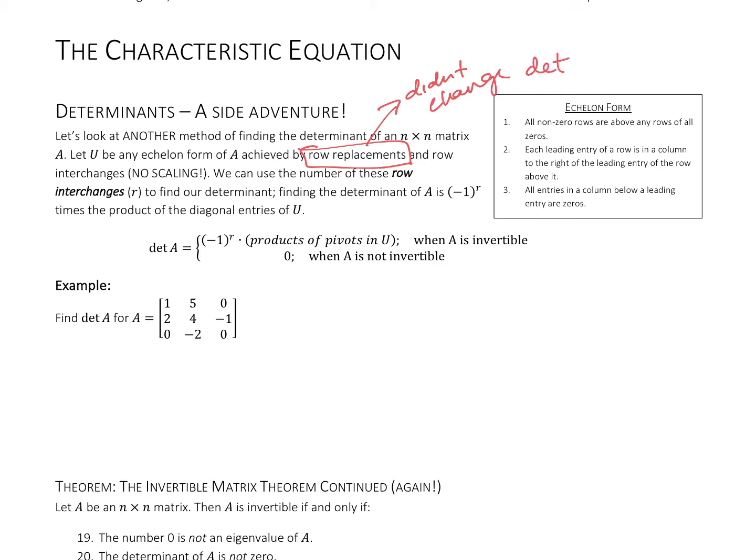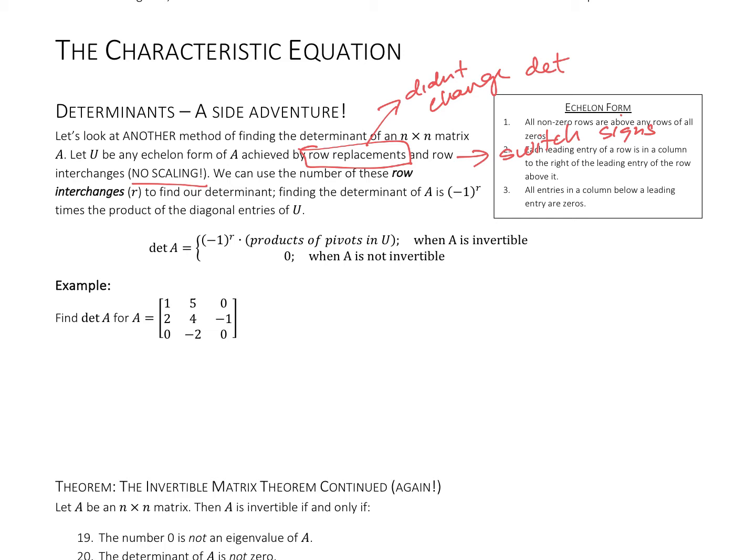Row interchanges switch the signs, and scaling scales the whole thing, but we're going to try not to use any scaling, just to get us down to a row reduced, by which I mean just an echelon form of our matrix. And remember, the determinant of a triangular matrix is just the product of the diagonals.